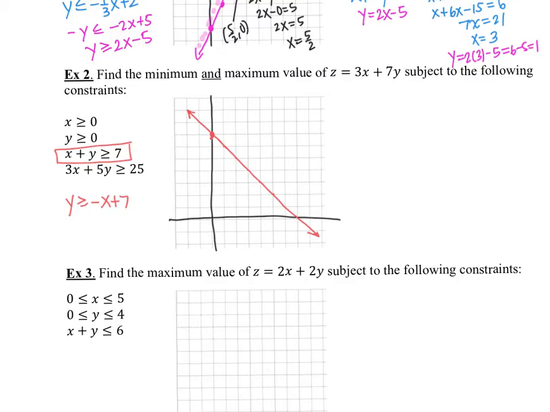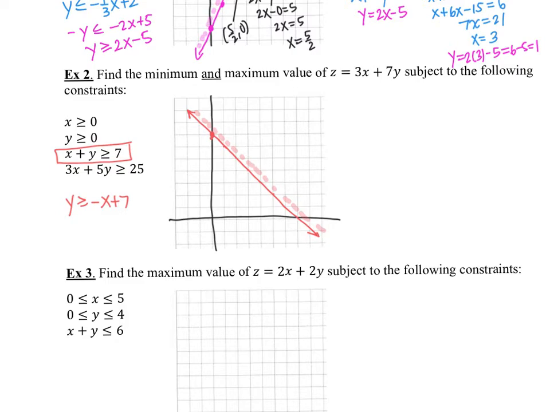This is greater or equal to the boundary line, which means I'm above the line somehow. You don't have to mark it, just keep in mind I'm going above the red line. Okay, if I had done intercepts, which I am going to do soon, if I plug in 0 for y, I would have an x-intercept of 7, which is down here. If I plug in 0 for x, I would have a y-intercept of 7, which would be here, and I could just connect the points that way.